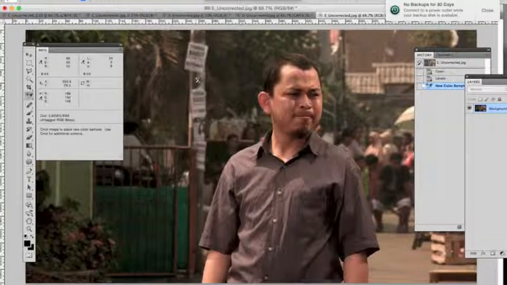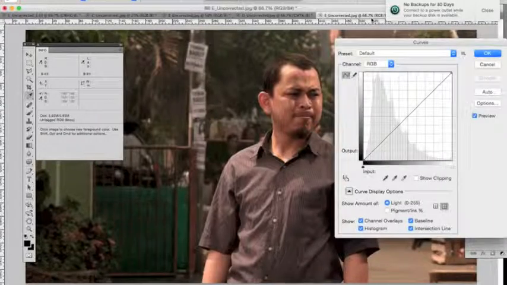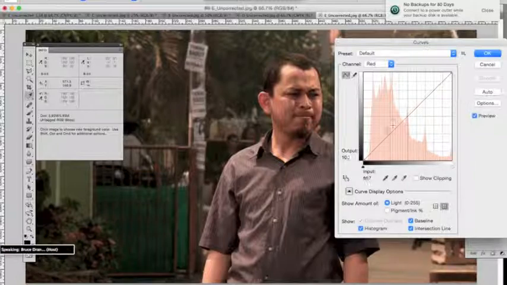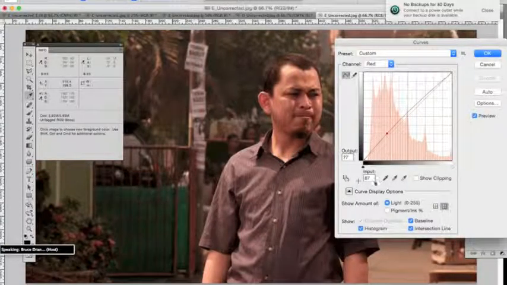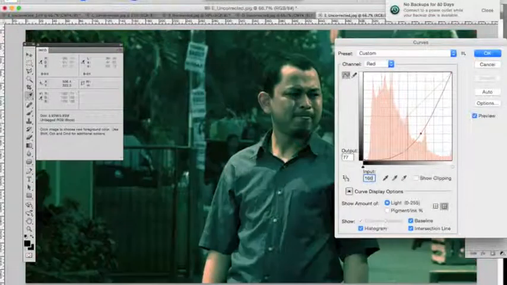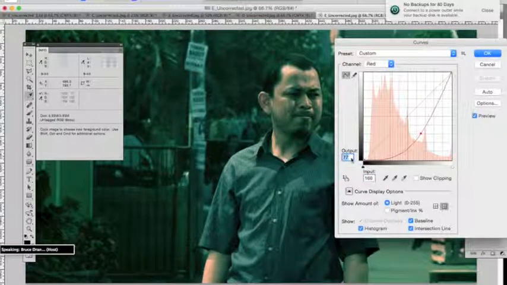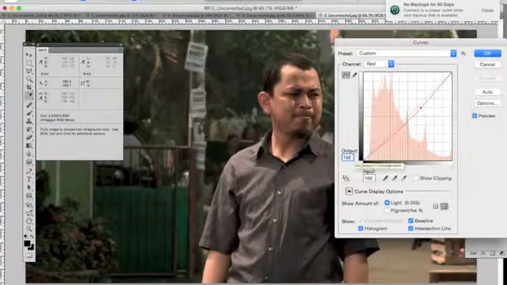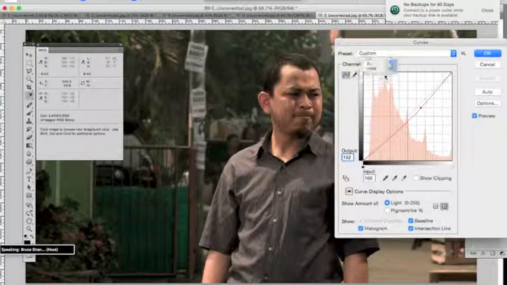So I'm going to try to move everything to 152. So again, without being subjective, colour by numbers. What's our input value? What's our output value? And the same for blue. What's our input value?